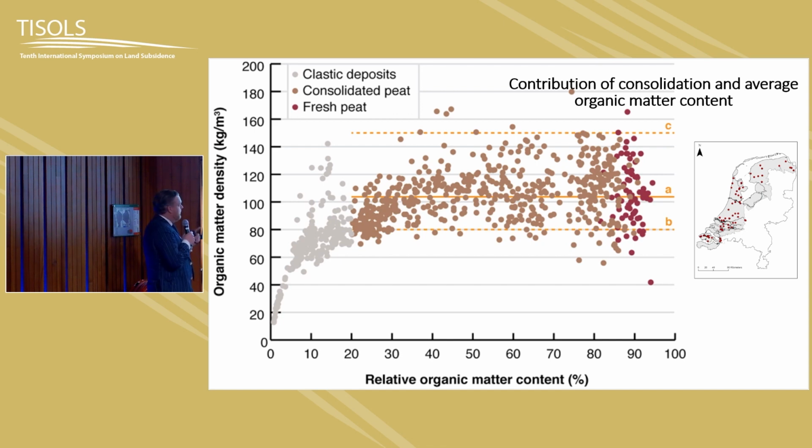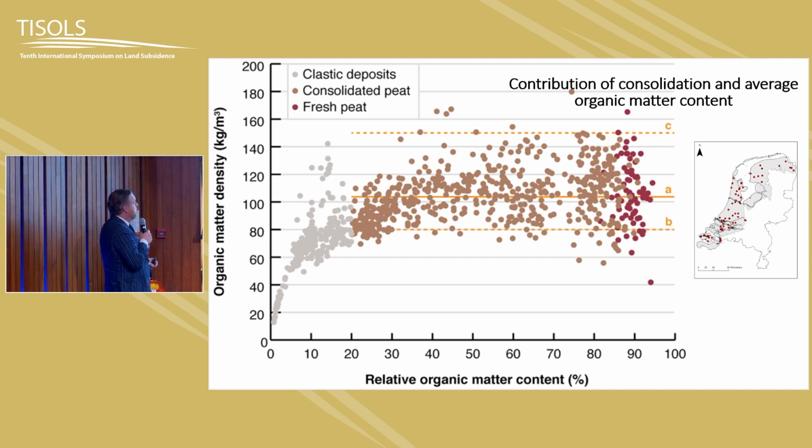Now, there are two important things. First of all, for your convenience, I colored the clay and sand samples, which have some organic matter but are not peat, gray. So those are the gray dots, with less than 20% relative organic matter. So we now focus on the brown colored dots, which are the peat samples.